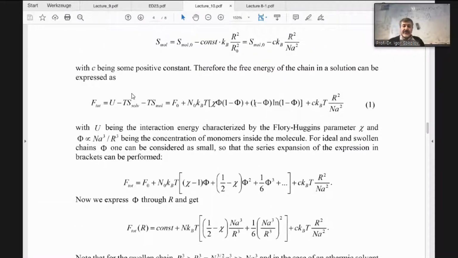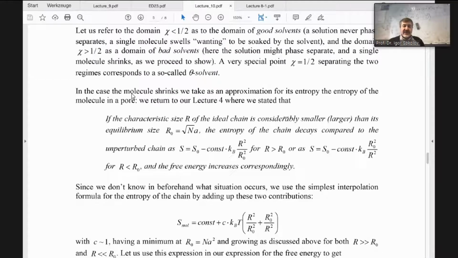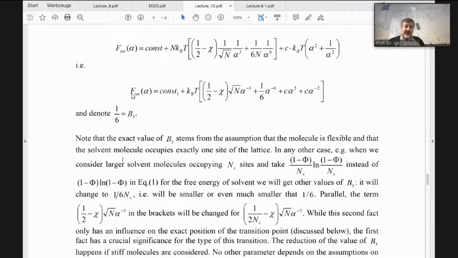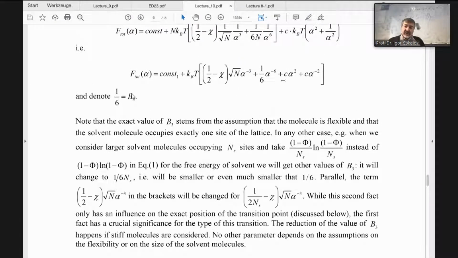And if I have the high molecular weight solvent, I have here 1 divided by n, so (1 minus φ) by n, ln(1 minus φ) by n. Instead of this 1/6, I will get 1 over 6n, something like this. It's even written here. So now I have an equation, and this is an equation where I see the powers from -6 to 2, many orders of magnitude.